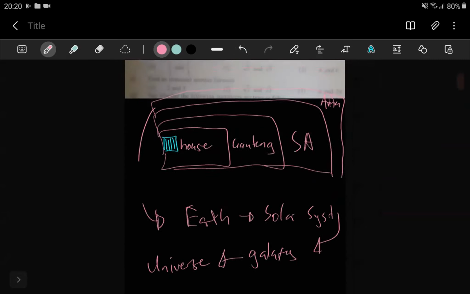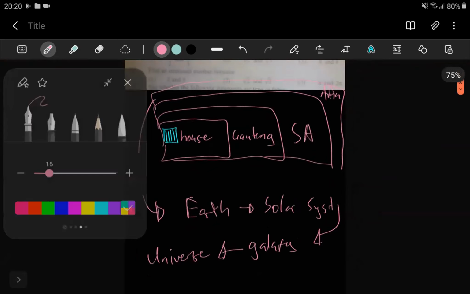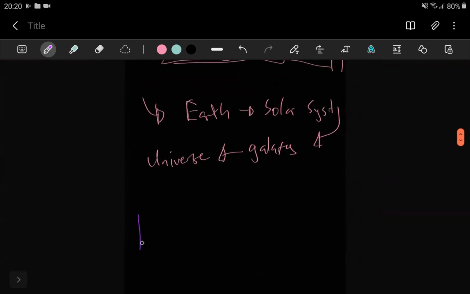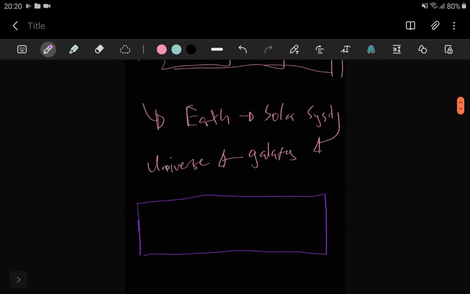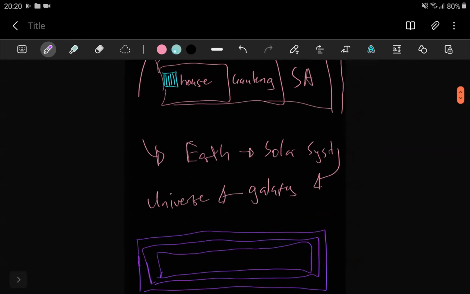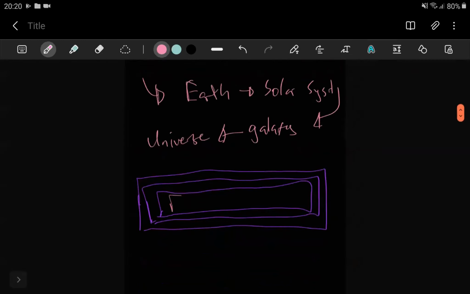So this big idea here is how numbers work. The big thing here is the universe, and inside the universe you have galaxies. In galaxies you have solar systems, and inside those solar systems you have planets.